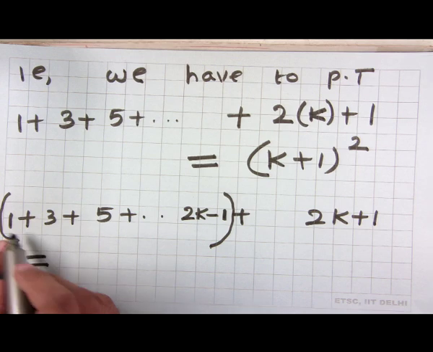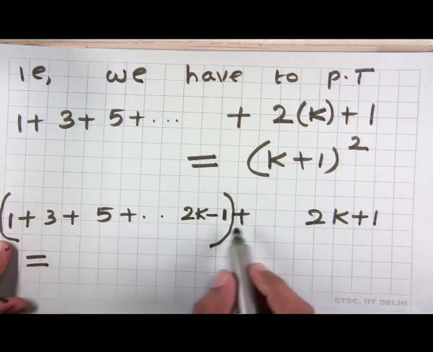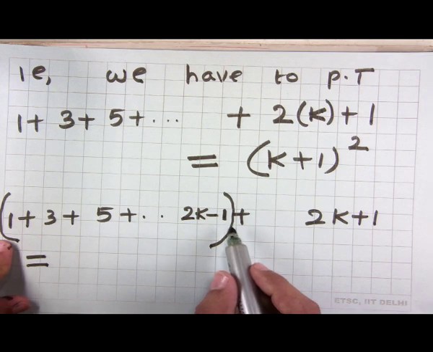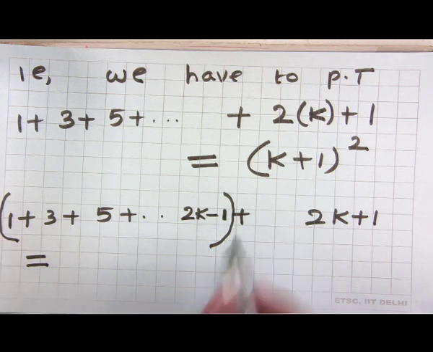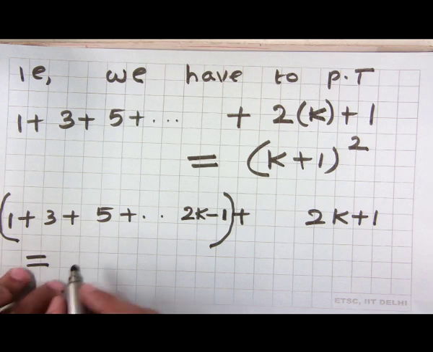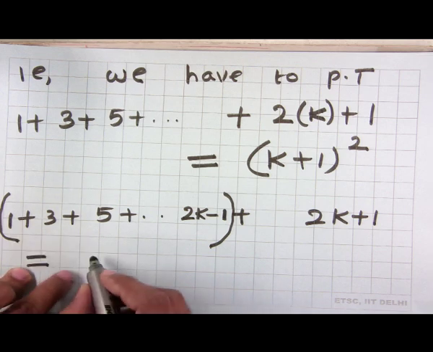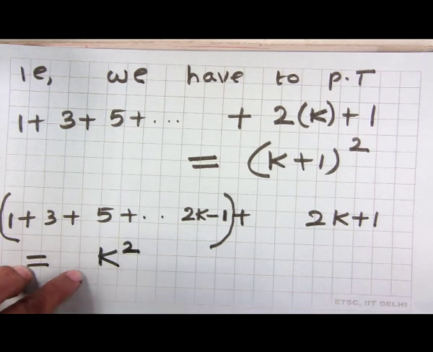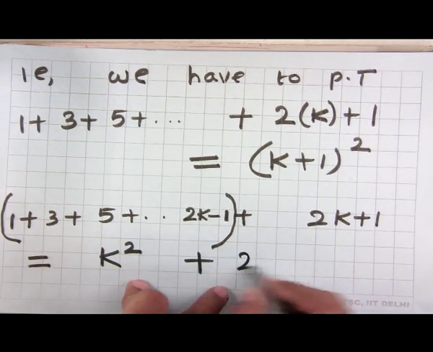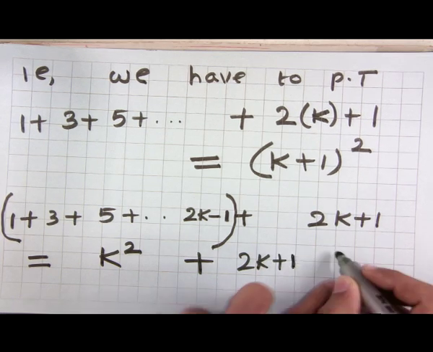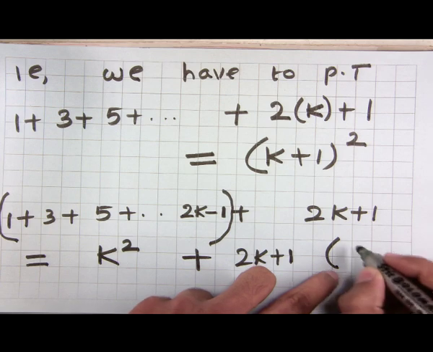Now, the first sum in the parenthesis has a formula by induction hypothesis, which is k square, plus 2k plus 1. The reason is just the induction hypothesis.